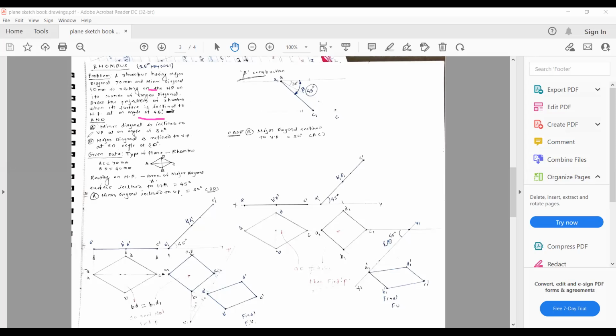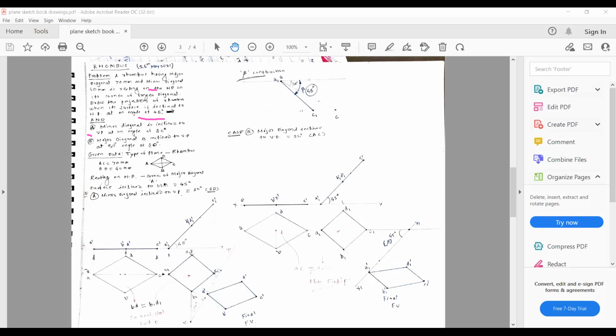And two cases have been explained as A and B. If the minor diagonal is inclined to VP at an angle of 30 degree, and if the major diagonal is inclined to VP at an angle of 30 degree, right? So this we will discuss in detail now.